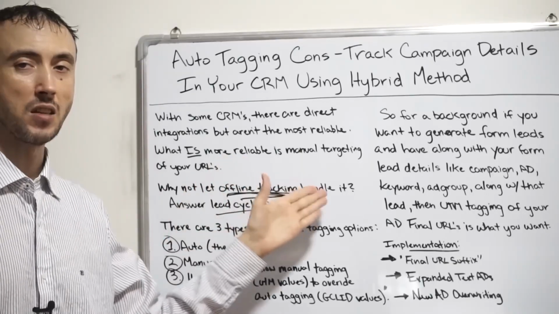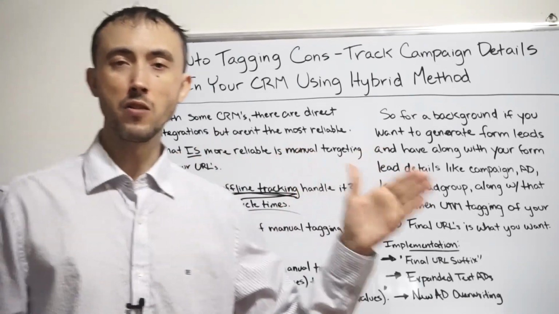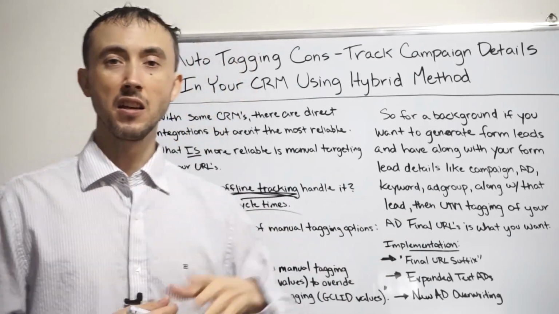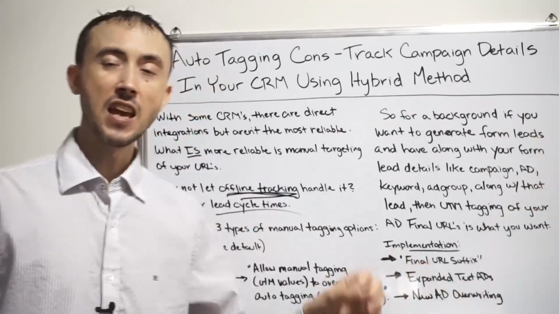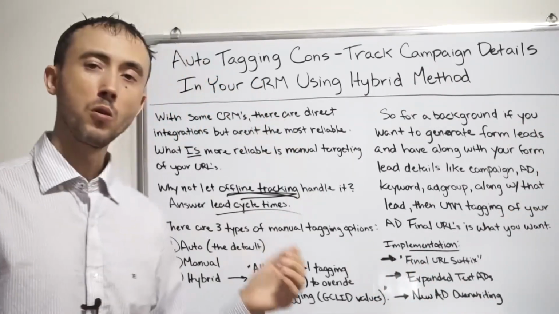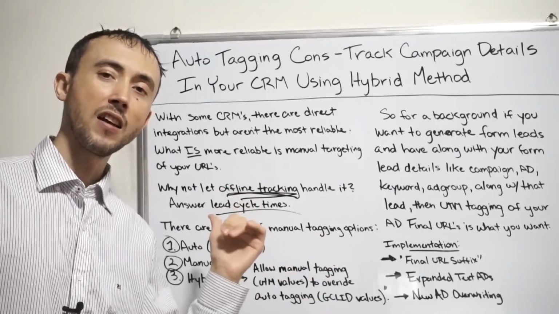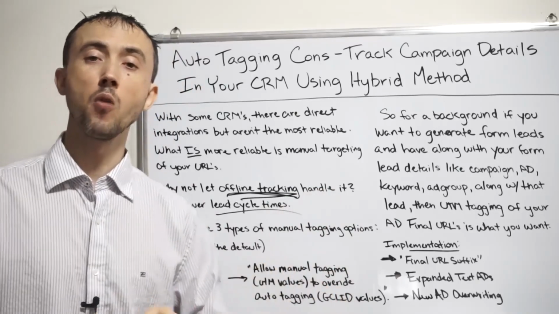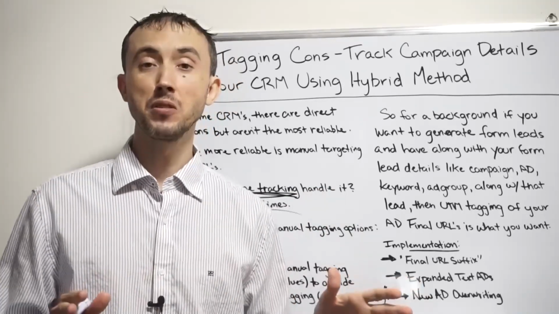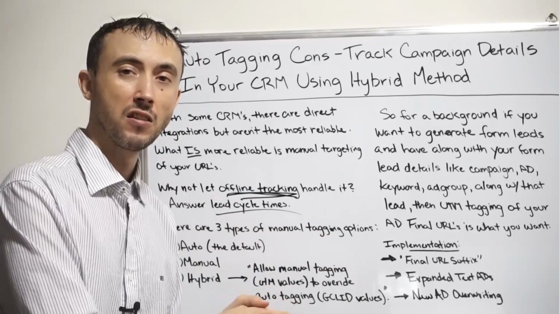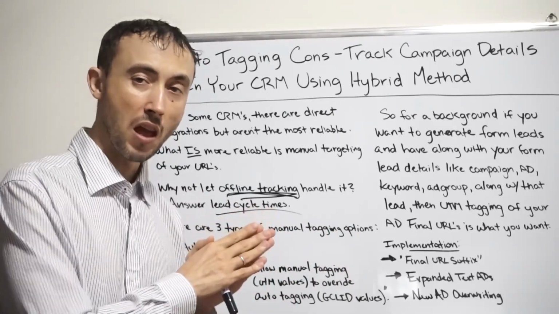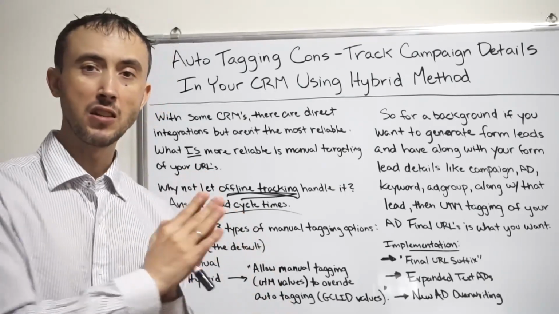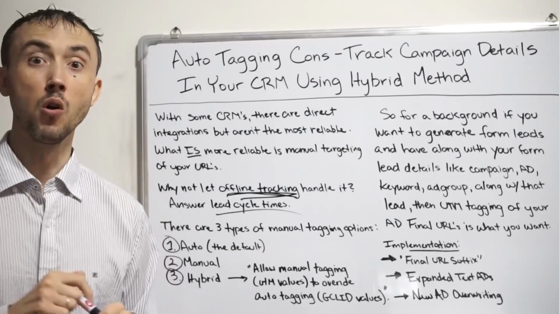What they don't allow you to do though is this: when somebody fills out the form and ends up buying 92 days from now, that data is so-called too old for Google to let you track by campaign, by keyword, by ad group, and so forth, because they only allow you 90 days tops from the time that the user clicks on your ad and gets to your site, and ultimately not even from the time they fill out the form, but just from the time that they get to your site, before that lead is so-called too old.